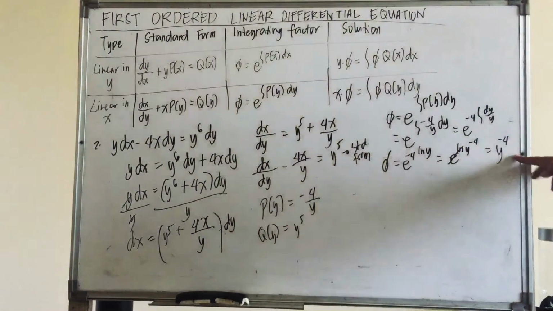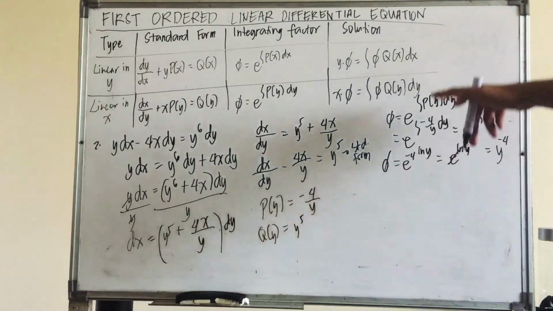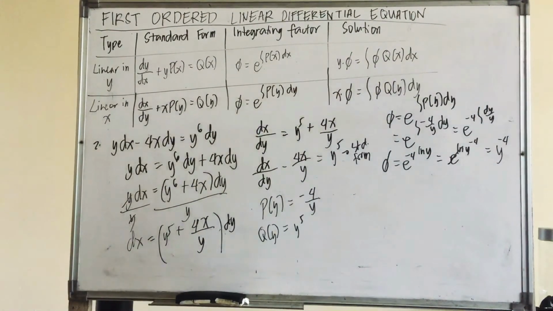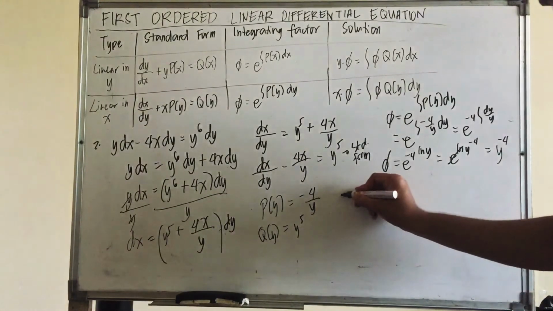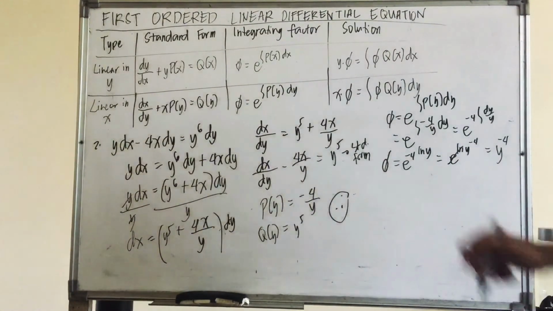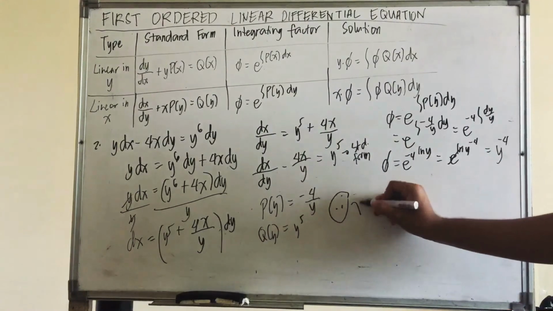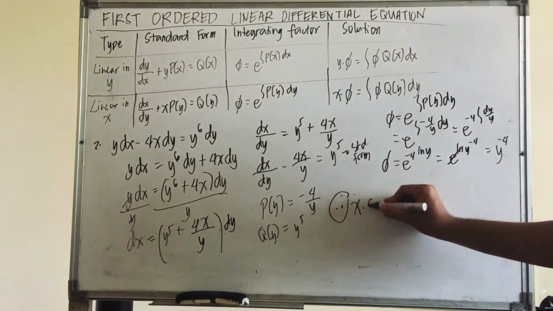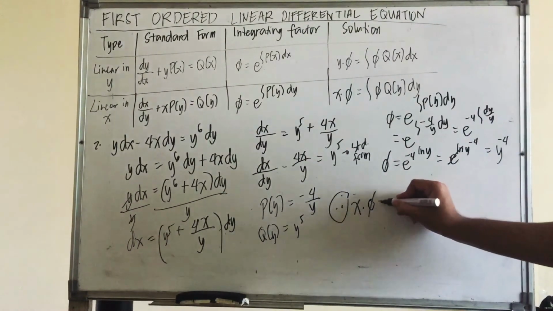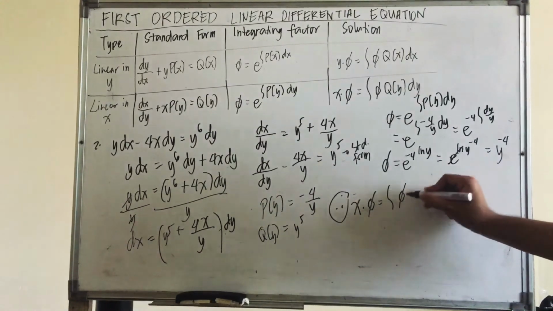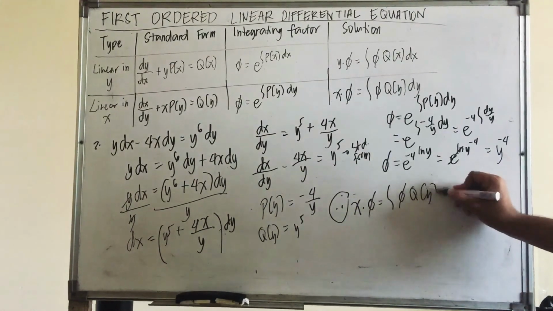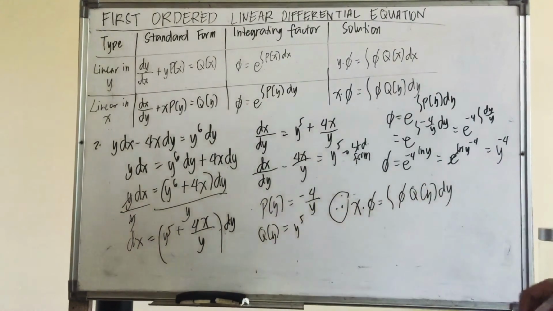So after finding the integrating factor, we can now solve for the solution of our example number 2. Therefore, our solution is x times the integrating factor is equal to the integral of the integrating factor times q of y dy.